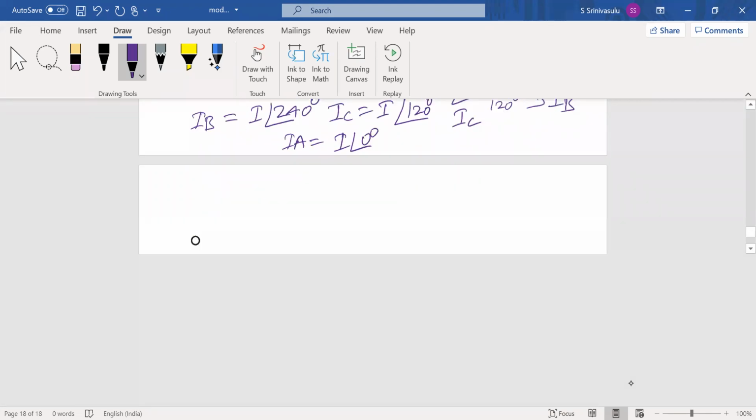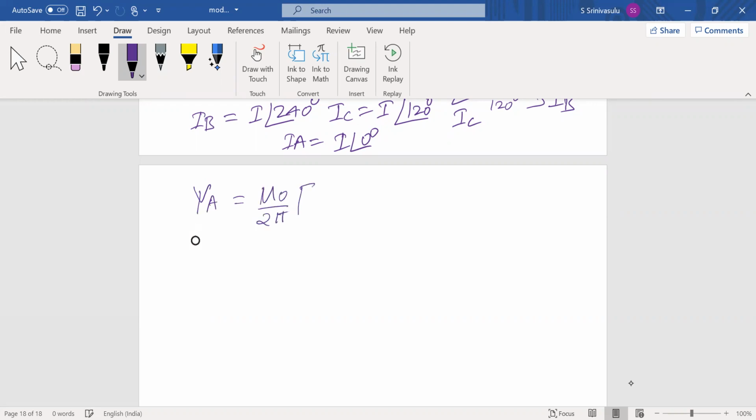Now observe, what is psi A? According to the previous derivation, psi A equals mu naught by 2 pi times [I by 4 minus ln of r, already derived] minus IB into ln of D3 minus IC into ln of D2. Up to that we derived using the same values.